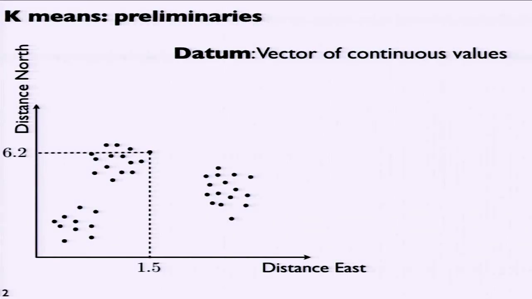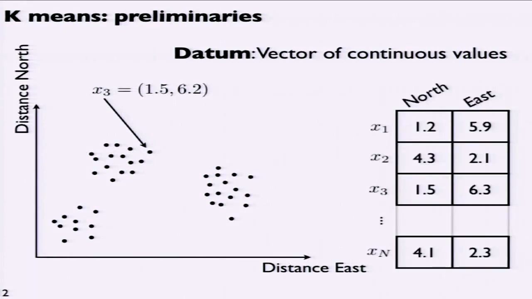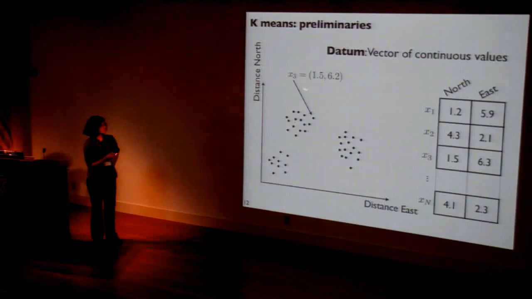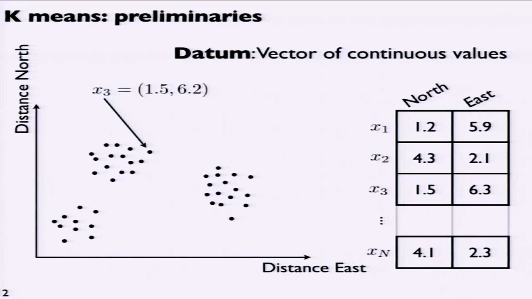For instance, we might have an artifact location at 1.5 yards maybe east and 6.2 yards north. And so we would write it as this vector of values. Now our data set is going to be a collection of such vectors. So here's perhaps the third observation, like up here. But we're going to have a number of other observations corresponding to each of the other artifacts. Perhaps there are n total artifacts in our data set.